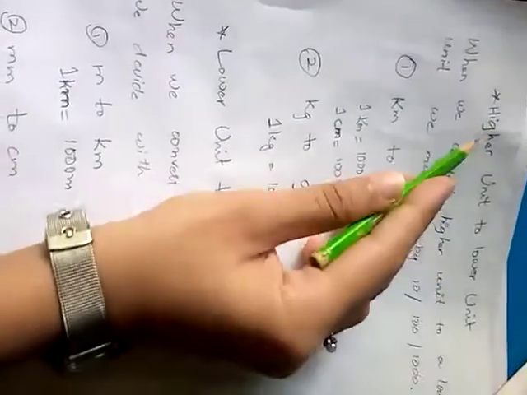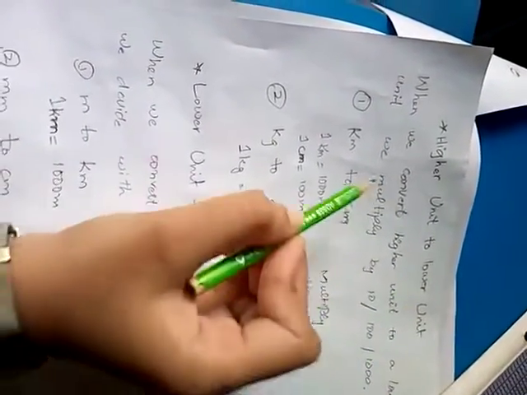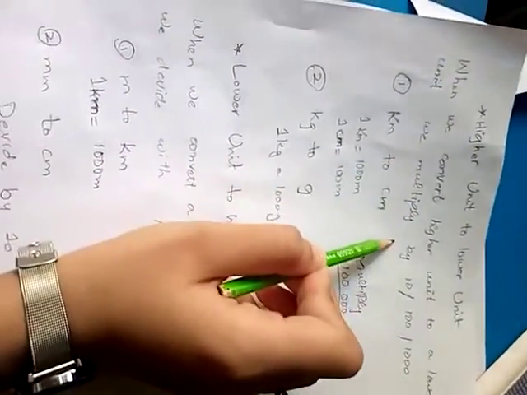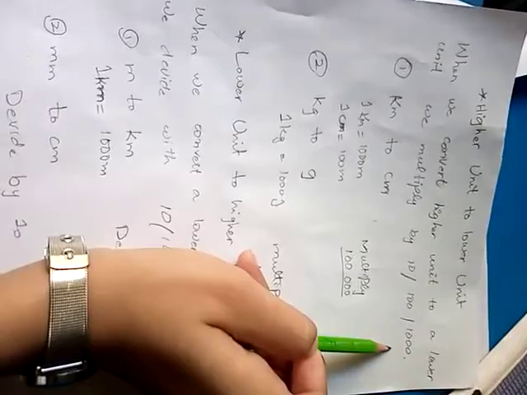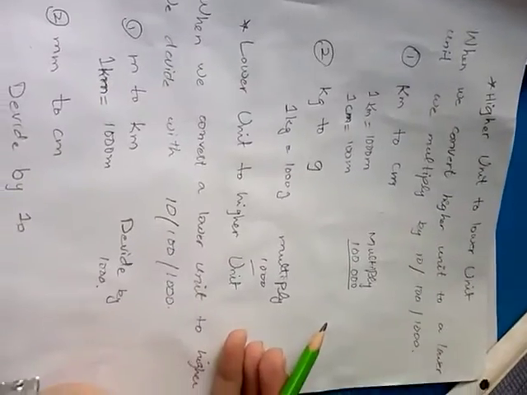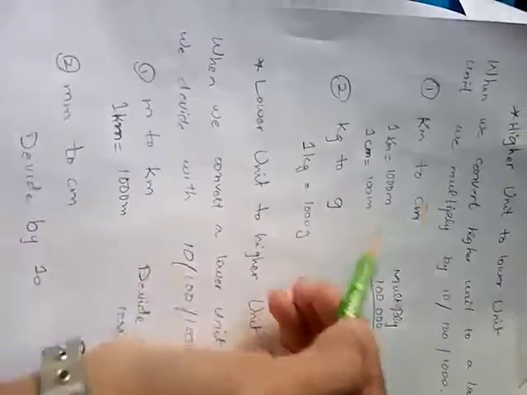When you convert a higher unit to a lower unit, we multiply by 10, 100 or 1000. It is based on the value of the unit we have been provided.